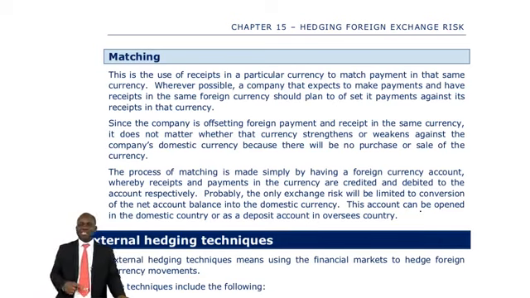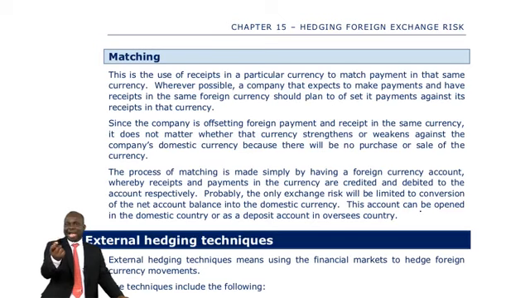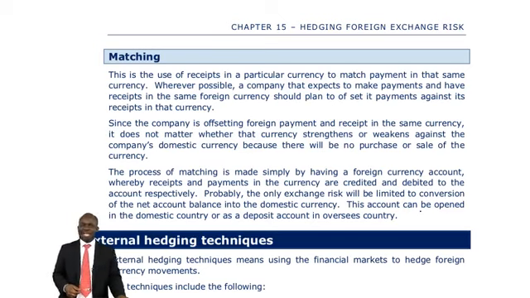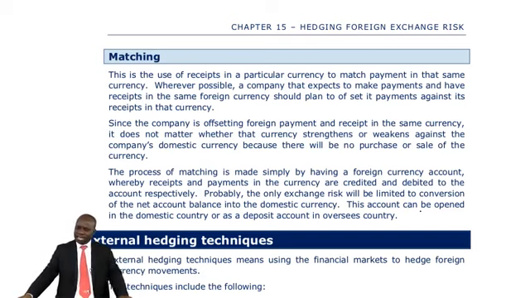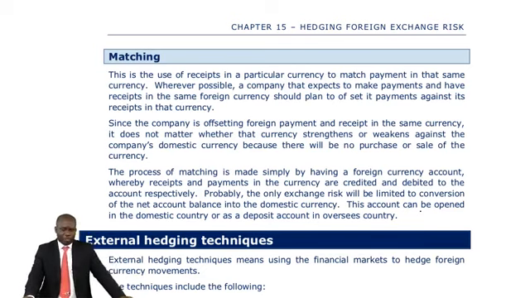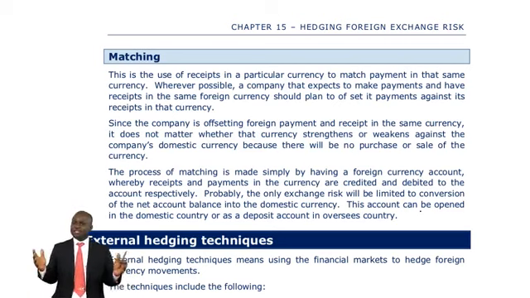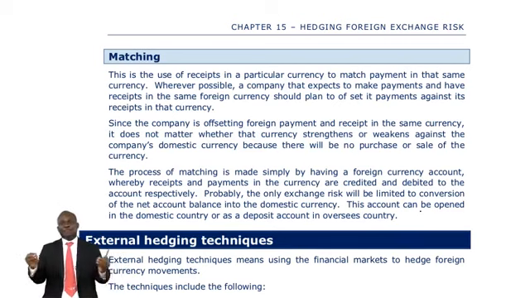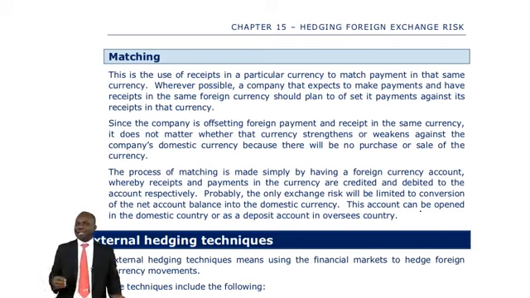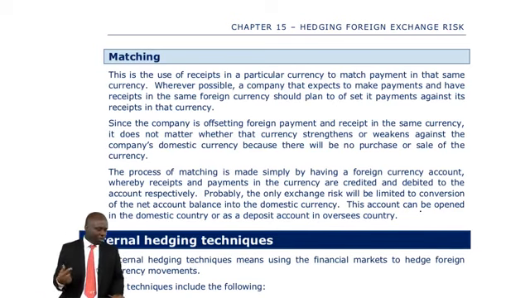That translation exposure is a paper accounting movement, and as such it has got nothing to do with cash flows, and it has got nothing to do with the value of the company. So matching sets receipt against payment of the same foreign currency. But this one is not involving a multinational.